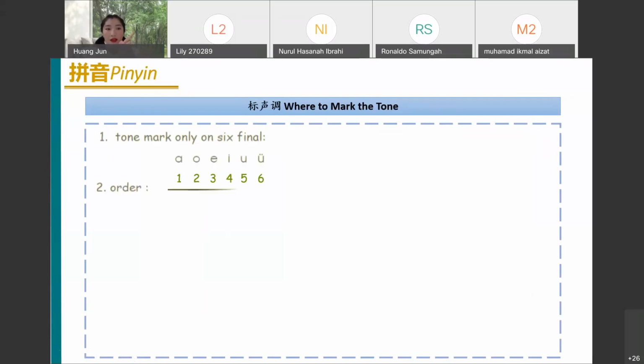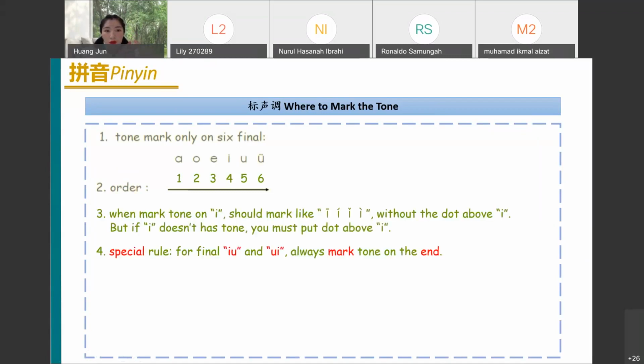Then number 2 is, if in the word they have 2 of them or more than 2 put together, then how will you mark the tone? You will arrange it this way. For example, like I show you in those examples over here.